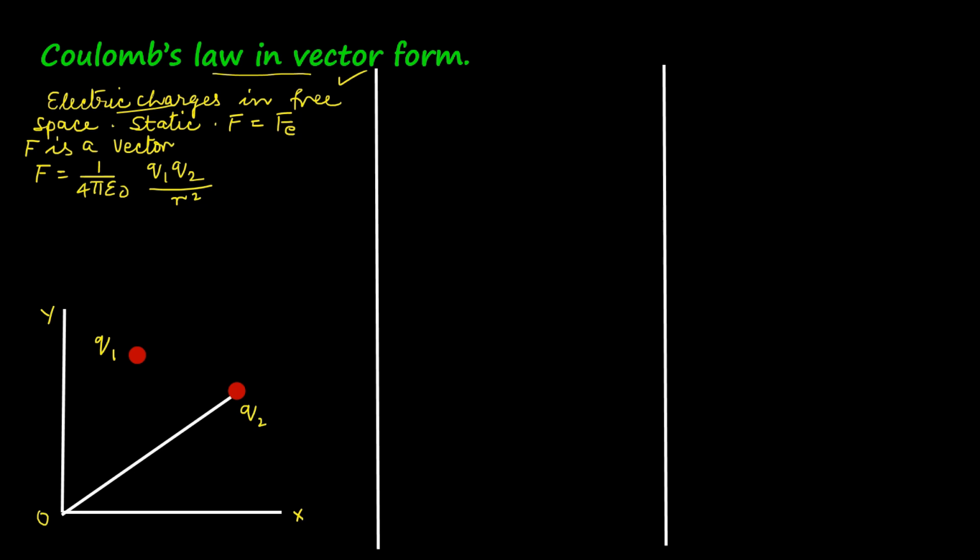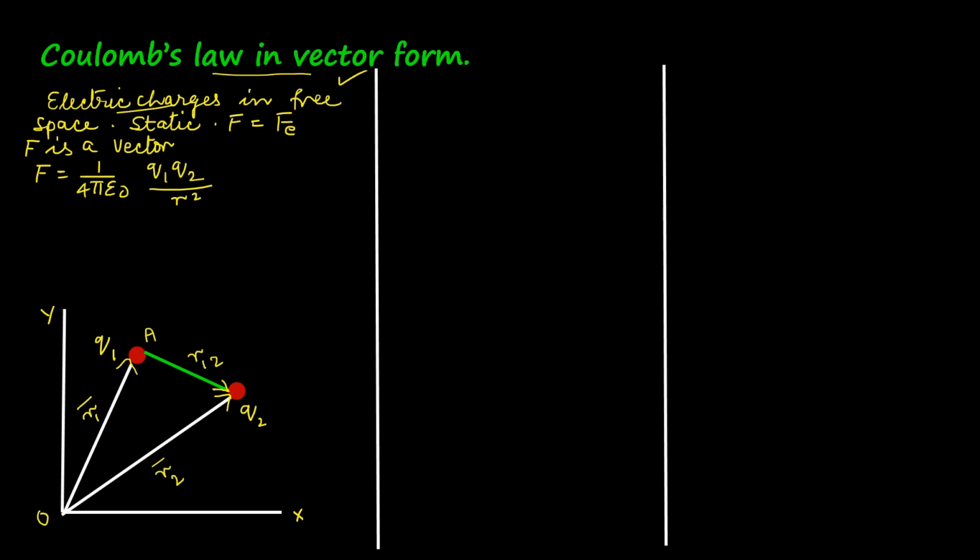This is the position vector of Q2 from origin, marked as R2. This is the position vector for Q1, marked as R1. The position vector from Q1 to Q2 we can mark as R12.